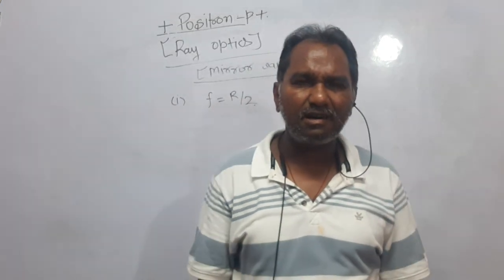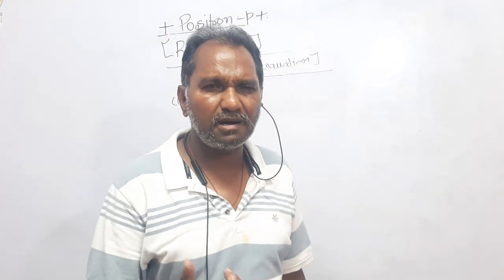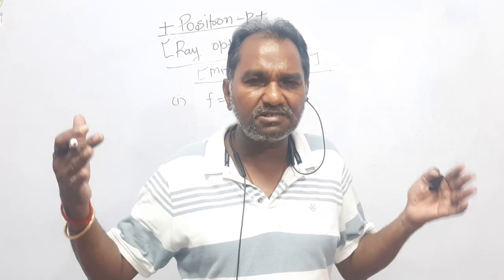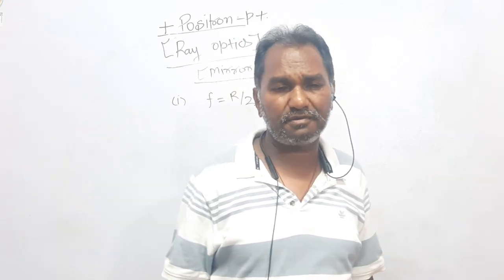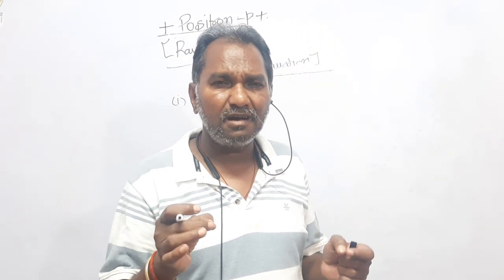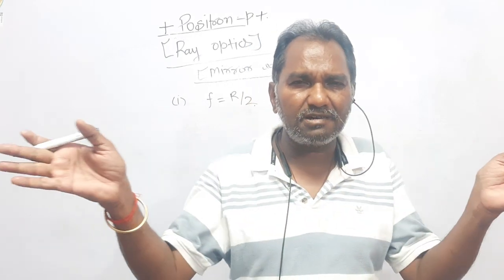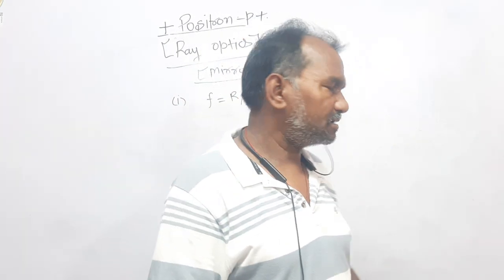You can consider either the convex mirror or the concave mirror. A concave mirror is a converging mirror that focuses the rays, bringing the rays close to each other after reflection. Whereas a convex mirror is a diverging mirror that diverges the rays after reflection from the mirror.